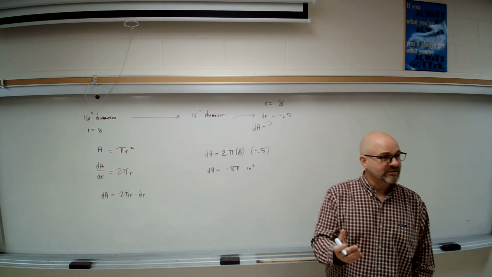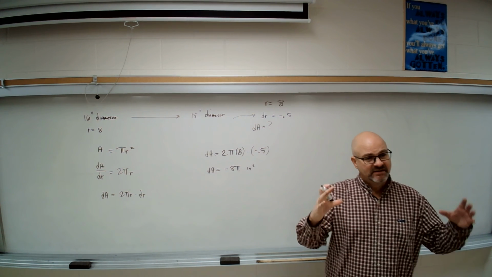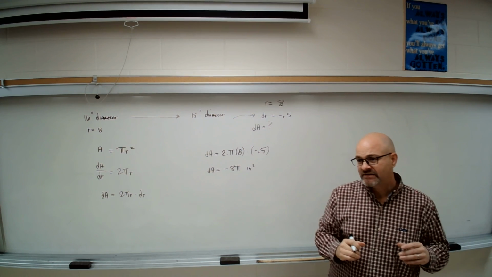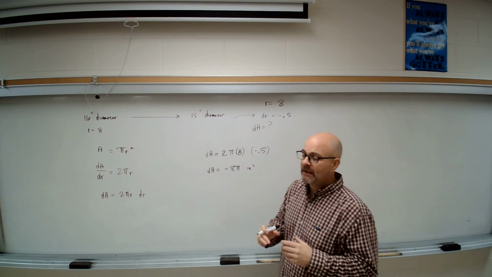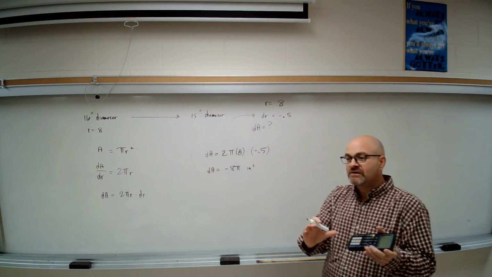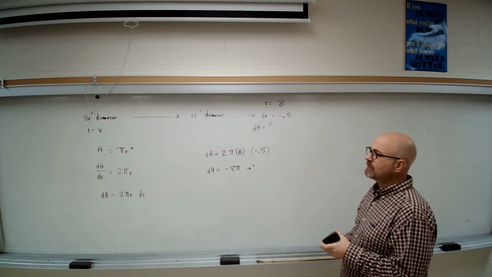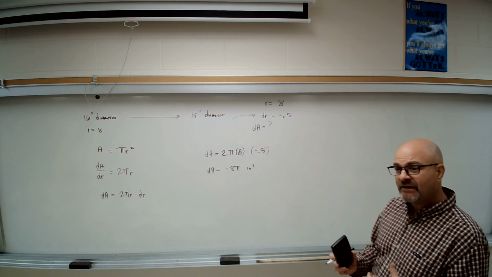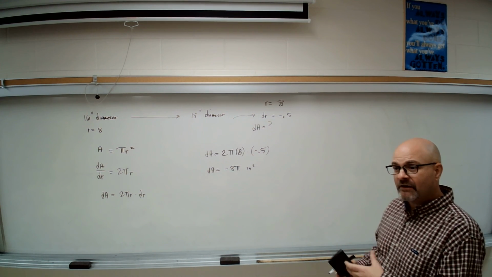Okay, so that's how much it would save us for each pizza that went from 16-inch diameter to 15-inch diameter. Now, just to check ourselves here, it's not going to give us an exact answer, but it should be near there if we actually found the areas and did it that way.